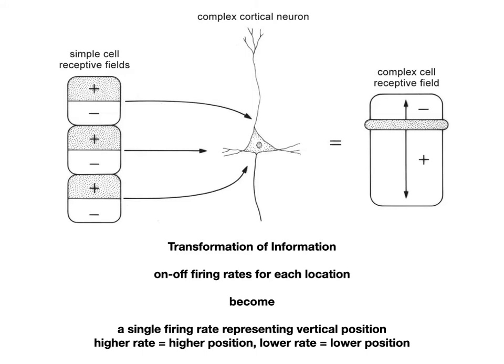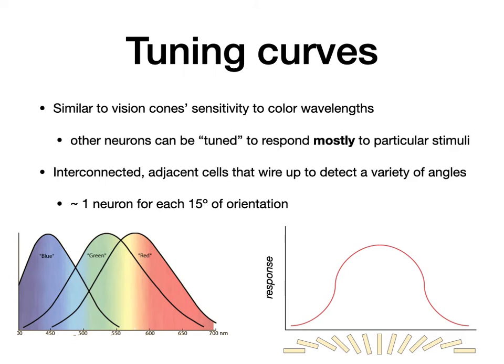Now, this idea carries forward a bit into the concept of tuning curves. Similar to vision, we know that different cones are tuned to particular color wavelengths. Other neurons can be tuned to respond mostly to particular stimuli, so interconnected adjacent cells wire up to detect a variety of angles, for example. On the bottom left, we have the color tuning curves for the cones in your eyes.